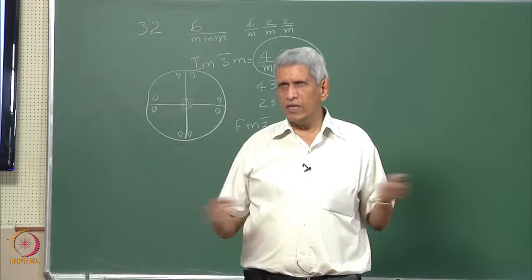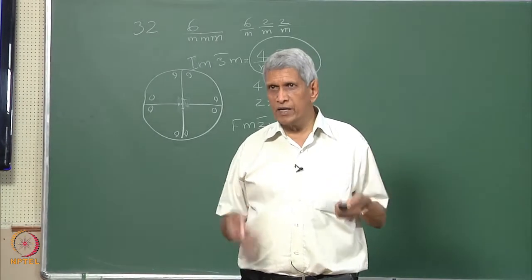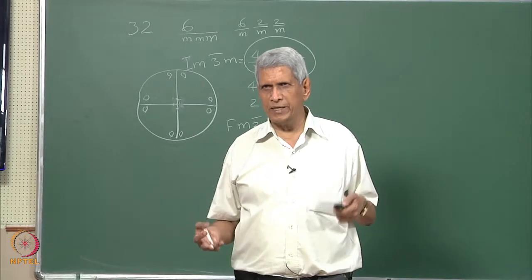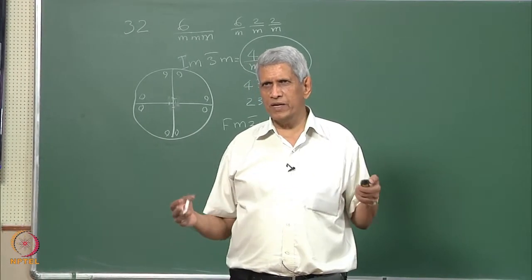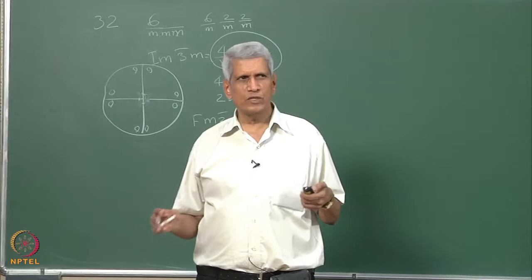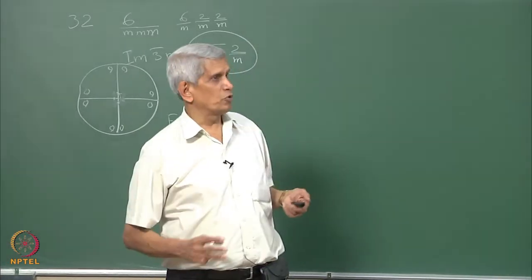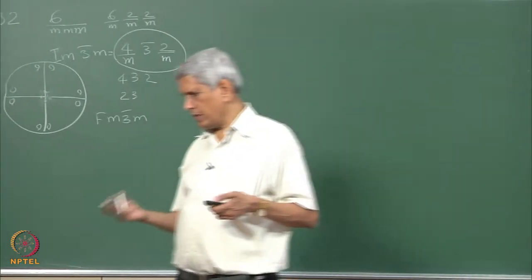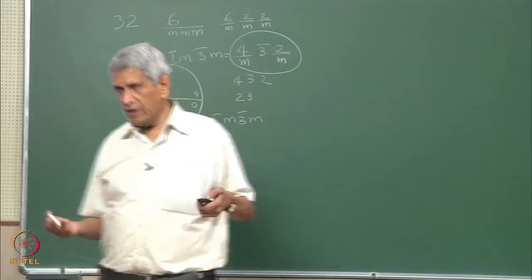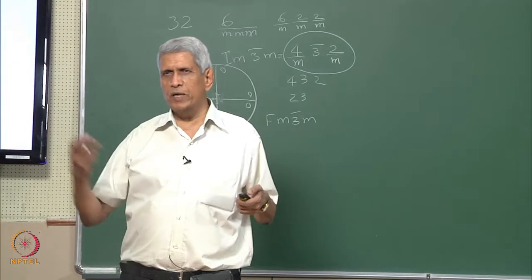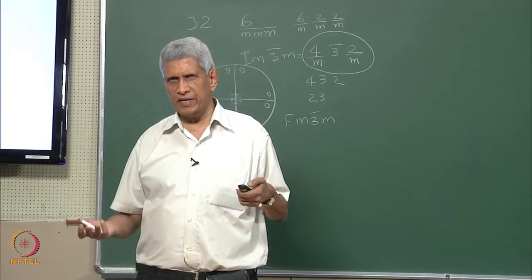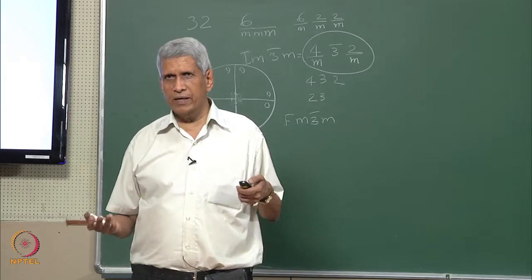So all the crystal systems which are periodic in nature, which represent translational periodicity, we will observe that they will fall into one of these 230 space groups. Space group really tells about what are the types of crystals which we can have if we place a motif around a point.